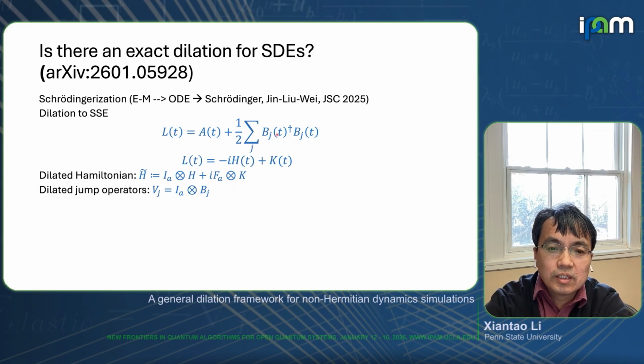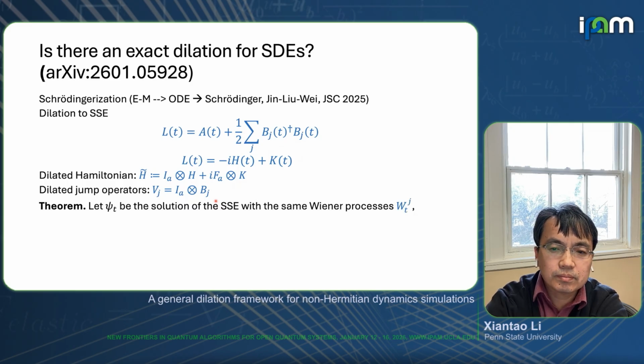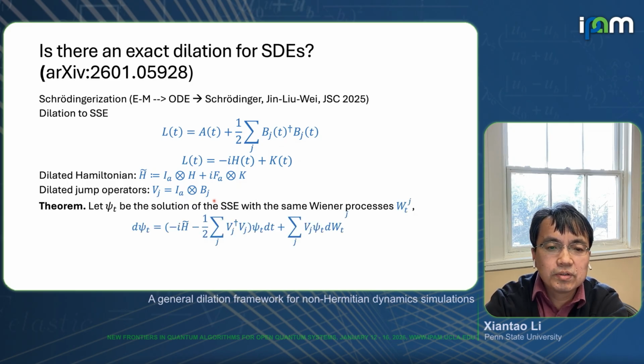For the operator B, I'm going to use the trivial dilation, and I'm going to think of the new operator as the jump operator. And the end result is this stochastic Schrodinger equation with solution psi. This H tilde came from this dilation step. This Vj came from this trivial dilation.